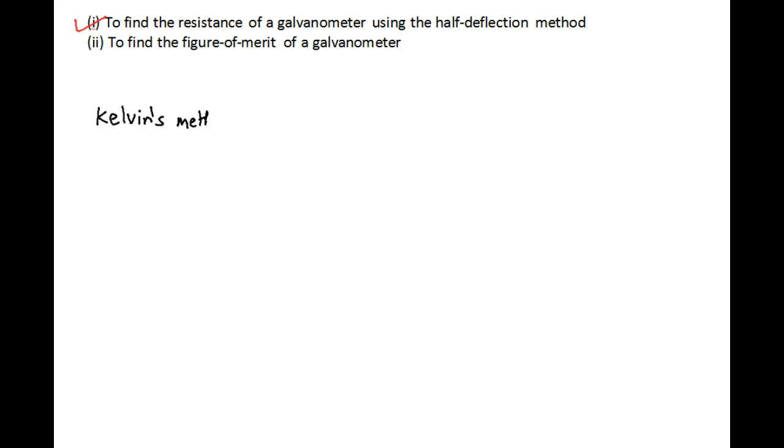Kelvin's method helps you to find the internal resistance of a galvanometer. However, the half deflection method of the CBSE syllabus is quite different from Kelvin's method, and it helps you to do the same thing. So let's have a look at the circuit first.